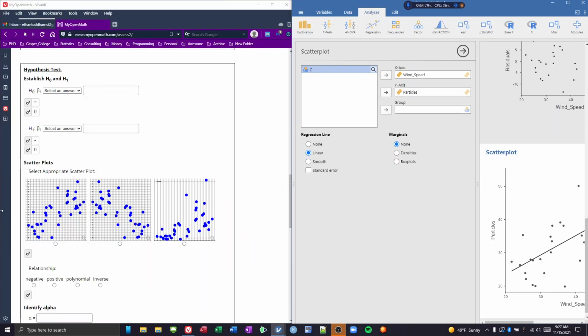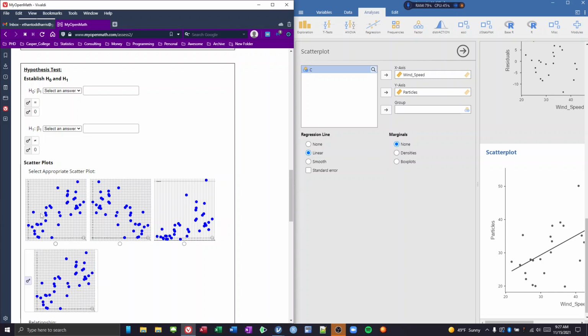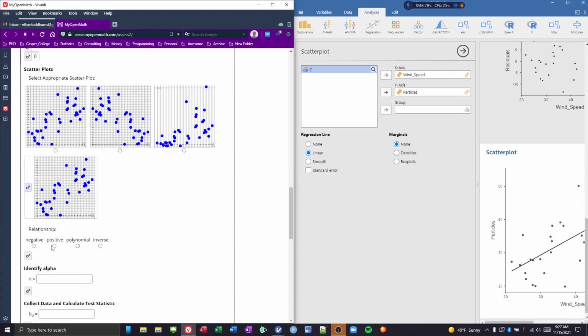Okay, so if we were matching this up to this data over here, it's just asking you to pick out which plot actually represents the data. The relationship that we have here is a positive relationship because as the x increases in value, the y increases in value.